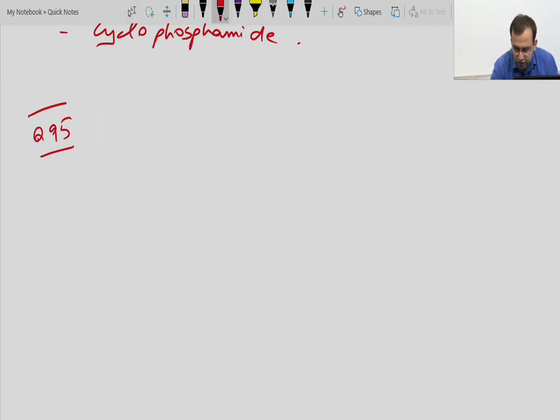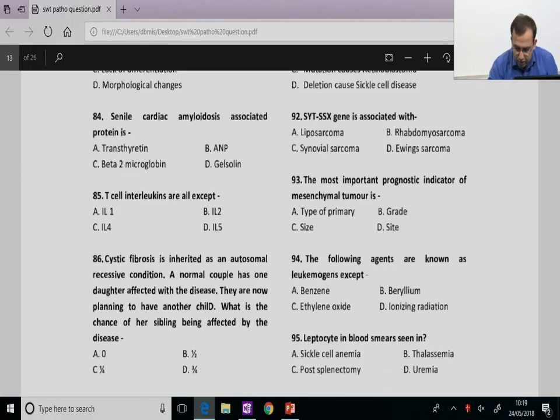Next, question 95. Leptocytes in blood smear. Leptocytes is another name for target cells. Target cells in blood smear are seen in thalassemias.